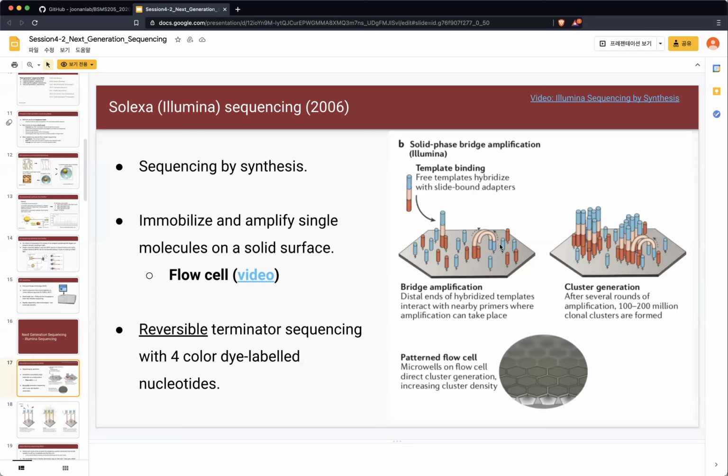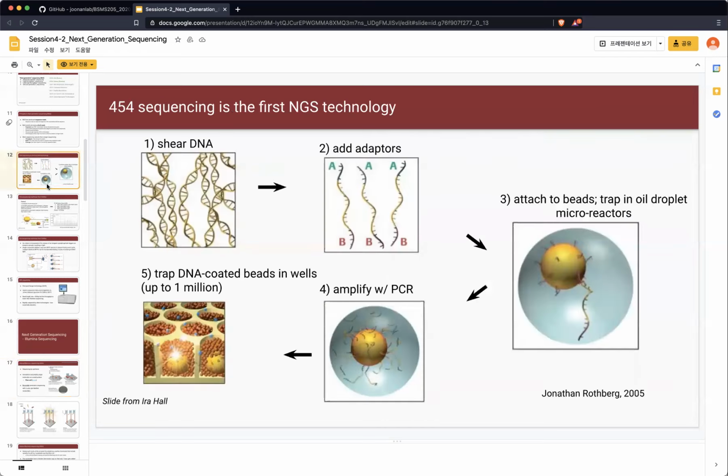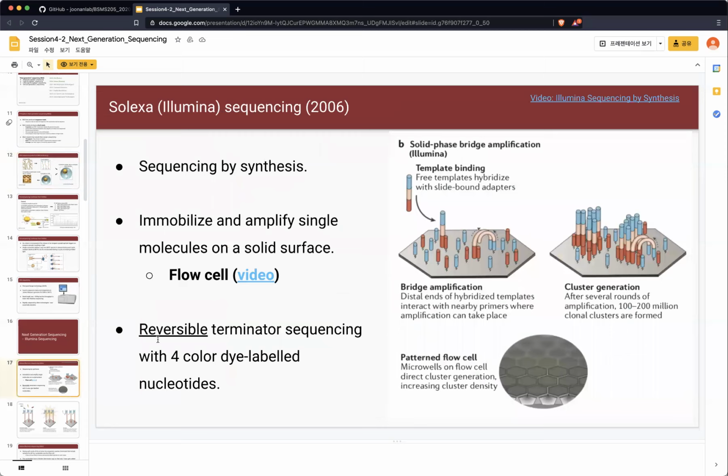This is a different situation than pyrosequencing. Pyrosequencing uses a well system: you put the bead on top of the well and do the sequencing. But in Illumina sequencing, you basically do the sequencing on a surface platform, right? And this solid surface is specifically called a flow cell.